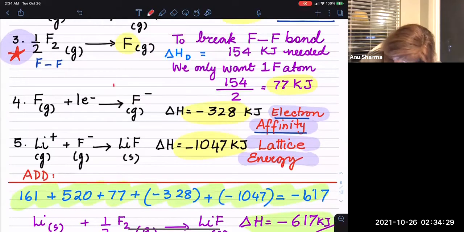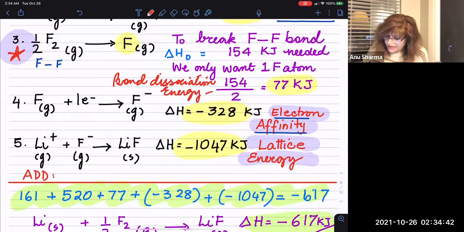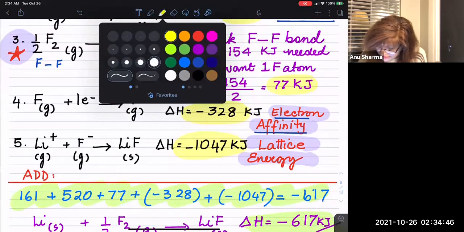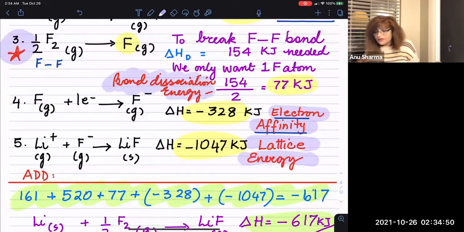Bond dissociation energy. Okay, so we see now bond dissociation energy is this.